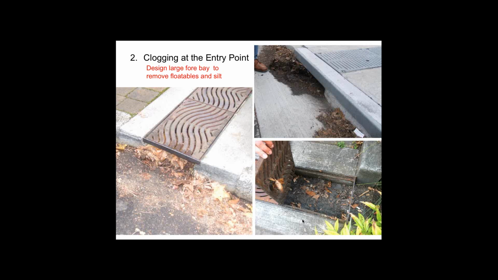These forebays, areas where we're going to collect the sediment and the leaves, need to be quite large. I raked up about 200 gallons of leaves under my oak tree this fall. I intentionally measured them all to see what it was. So we're talking about an awful lot of material that can clog the system as we move along.